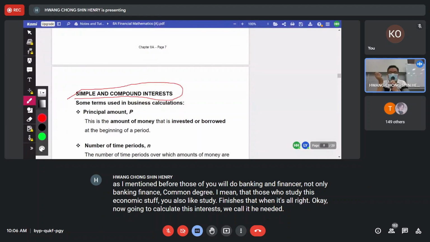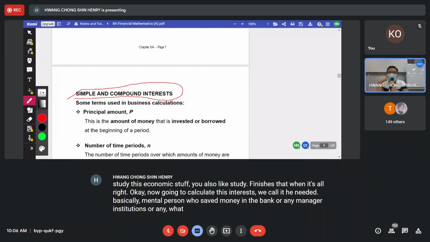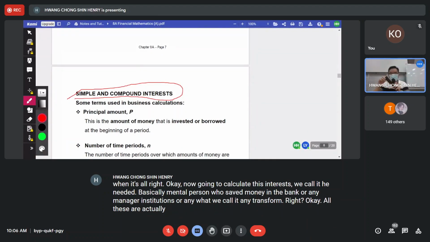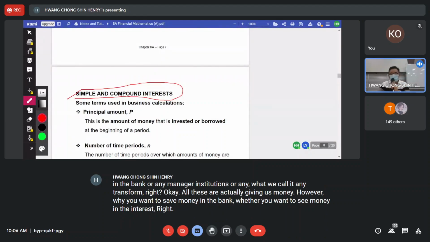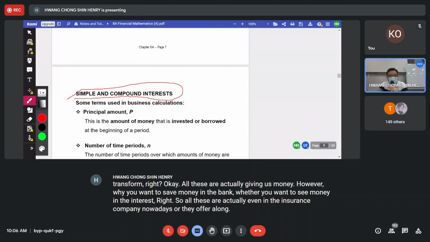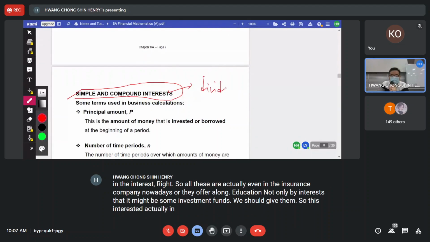In basic layman terms, a person who saves money in the bank or any financial institution or unit trust fund, all these are actually giving us money. Or else, why would we save money in the bank? Why would we save money in the unit trust? Even insurance companies nowadays offer a lot of packages, earmarked with not only insurance but also some investment fund, which will give dividend. So this interest is, in other words, called dividend.